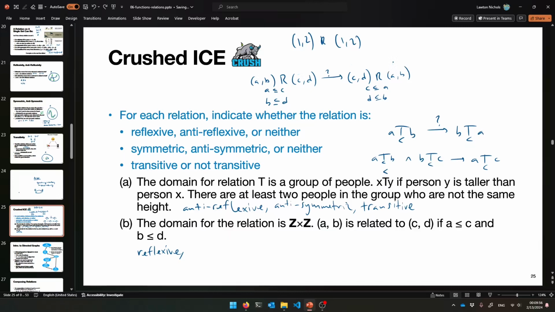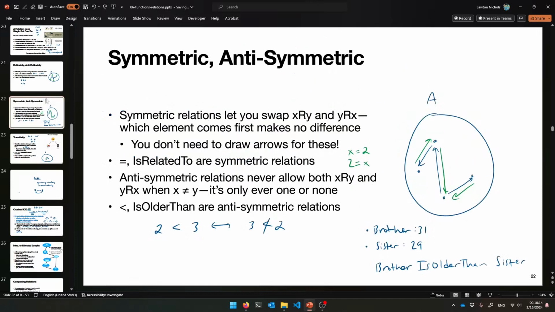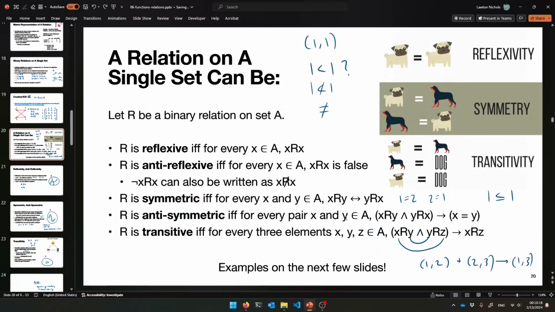In fact, the only time you can flip it is when they're equal. The only way that you can flip a less than or equal to into essentially a greater than or equal to is when the numbers were equal to each other. And that is the textbook definition of anti-symmetric. All right? That's what's going on. We go back to here. If you ever could swap them like that, that means they were equal after all.